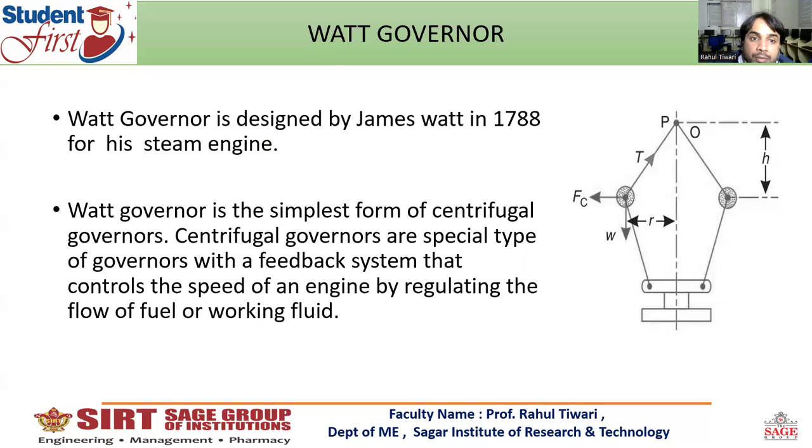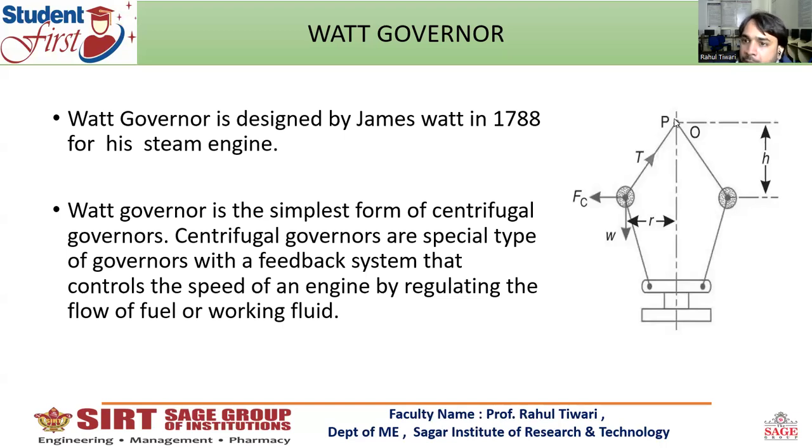After that, we start the Watt governor. The very first governor, discovered by James Watt, is the Watt governor. Basically, the Watt governor is the simplest form of centrifugal type of governor, and it controls the speed of an engine by regulating the flow of fuel or working fluid.